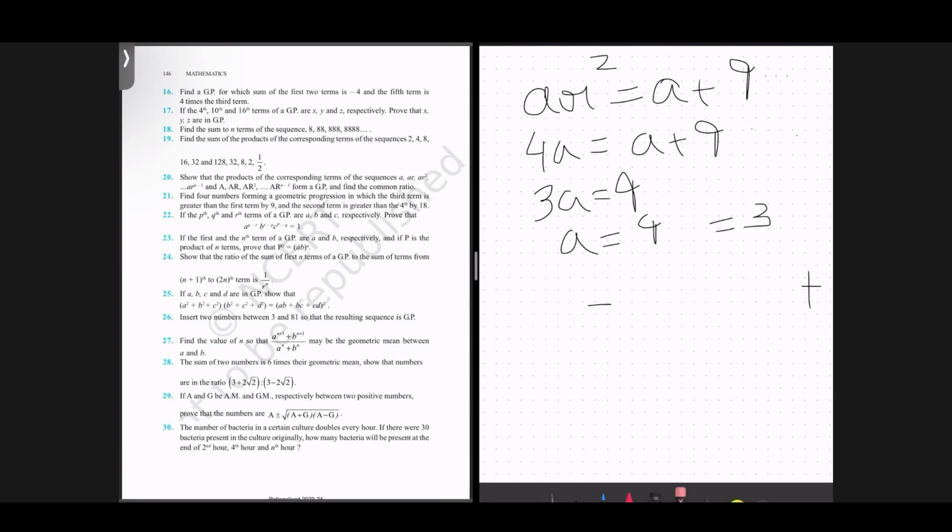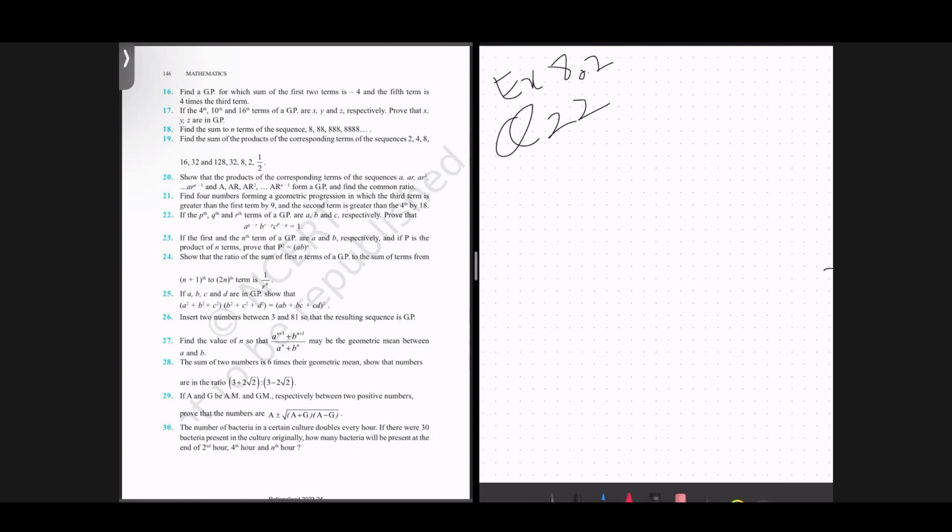Moving on, question number 22. If the pth, qth, and rth terms of a GP are a, b, and c, prove that a raised to the power q minus r, into b raised to the power r minus p, into c raised to the power p minus q is equal to 1.